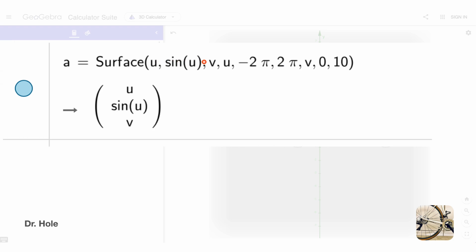These first 3 entries are reproduced here in the vector of u and v. Namely, x is set equal to u, y is set equal to sine of u, and z is set equal to v. Notice that the first 2 equations depend on the same variable u, but the third equation does not have anything to do with u. It is in its own variable.